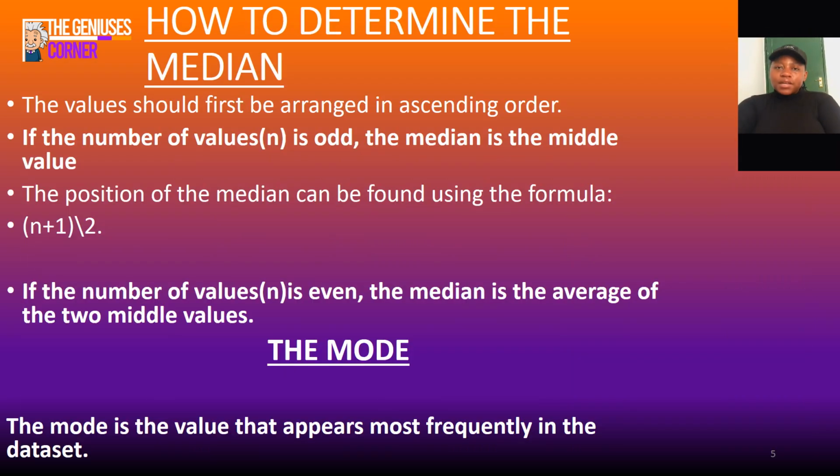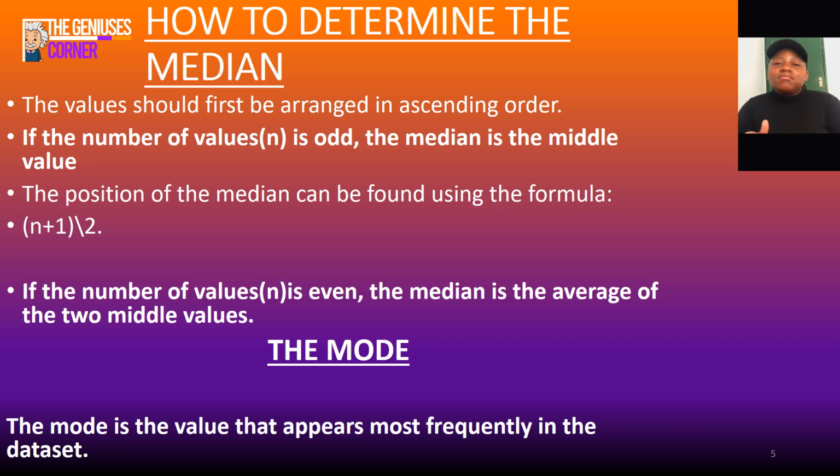Now, to determine the median, right, you should first arrange your data in ascending order. So you need to arrange from the smallest to the largest. That is the first thing you do. Then now, if the number of values that you have in your data set is odd, then the median is the value that is right in the middle, and you can find the position of the median using the formula n plus 1 over 2.